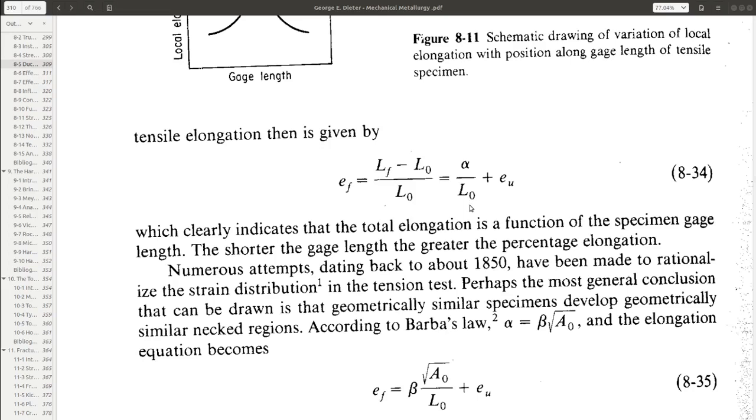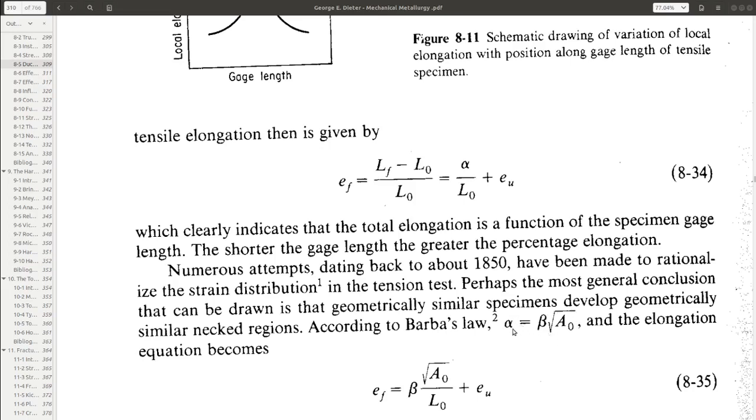In order to rectify the issue, we are going to use something called Barba's law. According to Barba's law, this quantity alpha depends on the cross section area of the specimen, and the dependence is given by this equation.